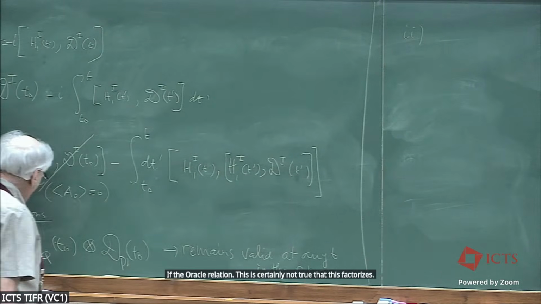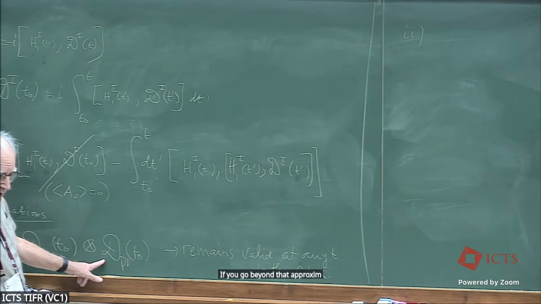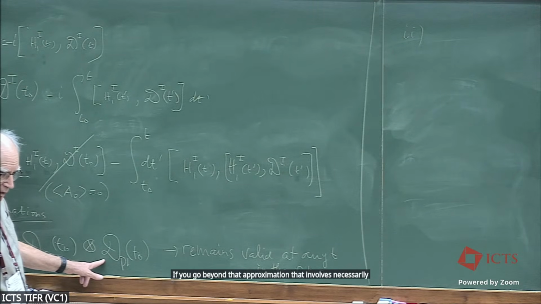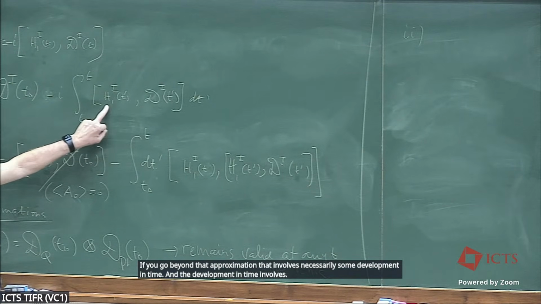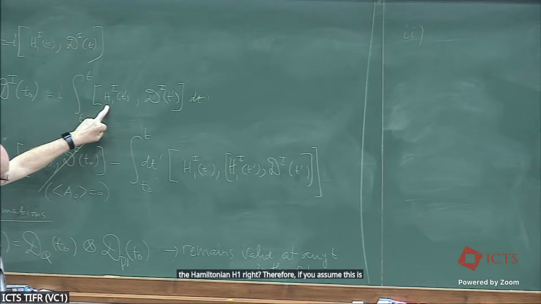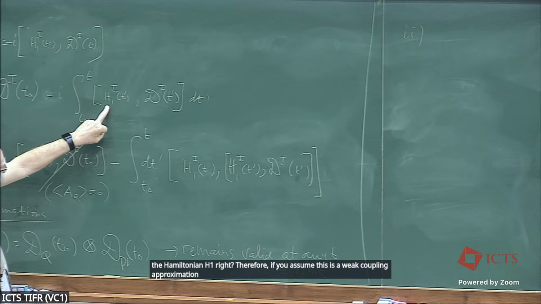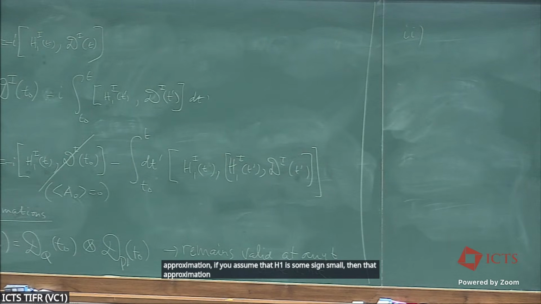However, if you go beyond that approximation, that involves necessarily some development in time. And the development in time involves the Hamiltonian H1. Therefore, this is a weak coupling approximation: if you assume that H1 is small, then that approximation is quite reasonable.